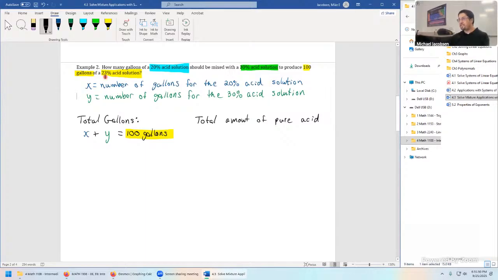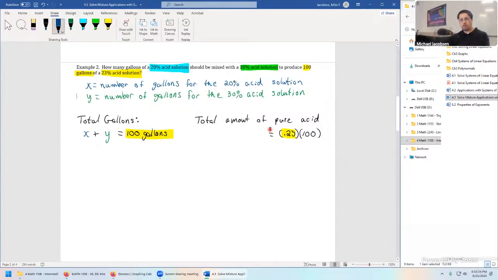Well, if it's supposed to be at 23% concentration, or in other words, 23% of it is acid, all we do is we take that percent number there, convert it into a decimal, 0.23, and multiply it by the whole volume, the 100 gallons. So this would give us 23% of the 100 gallons, which is pure acid. So the percent went into this row.